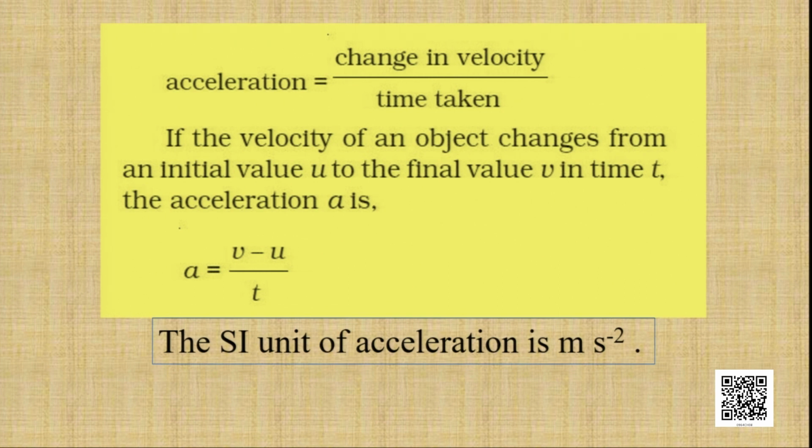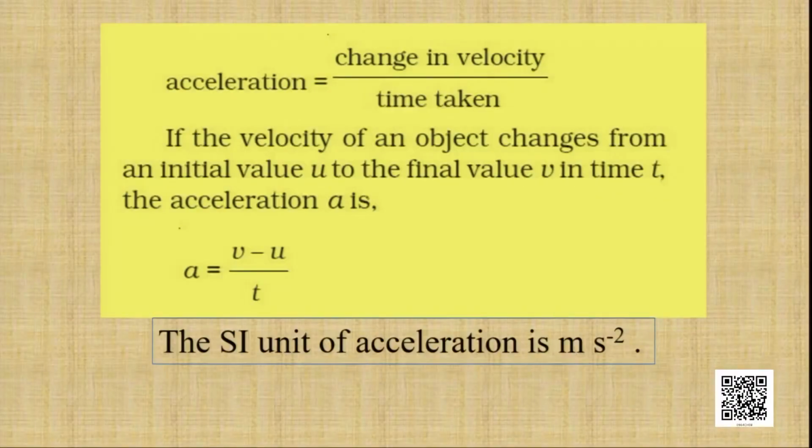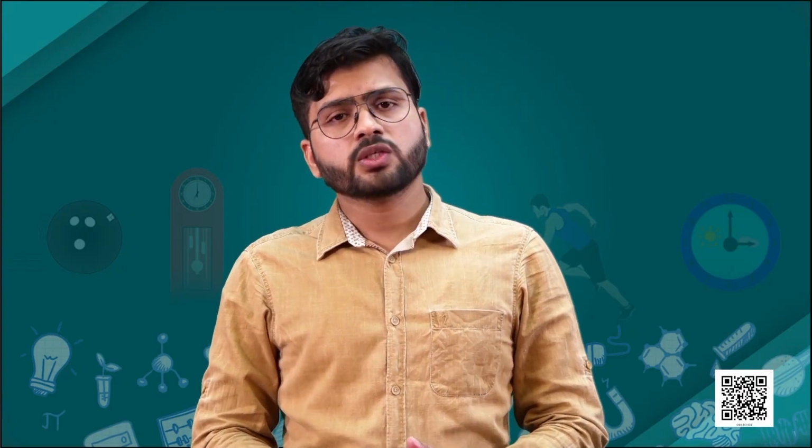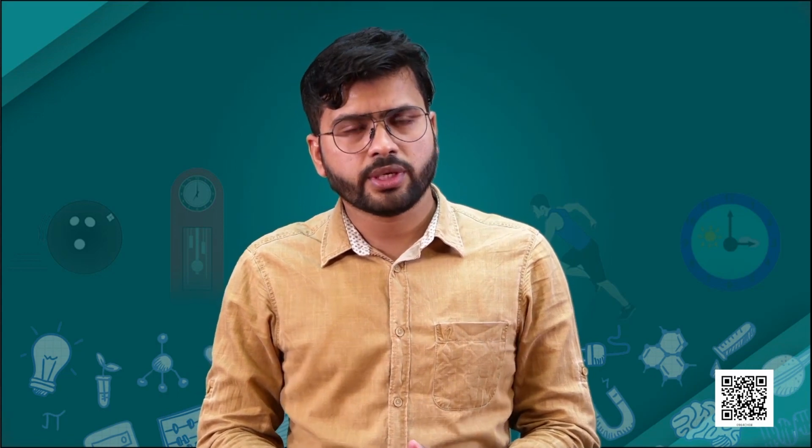The SI unit of acceleration is meter per second squared. As you know, velocity is meter per second, and again we divide it by a time factor, second, so the SI unit comes as meter per second squared.